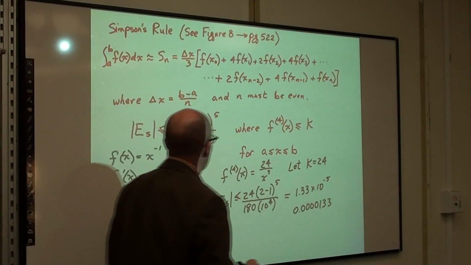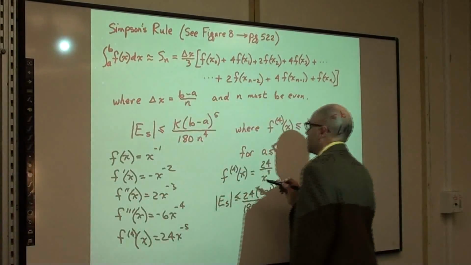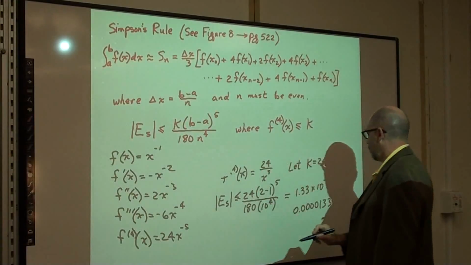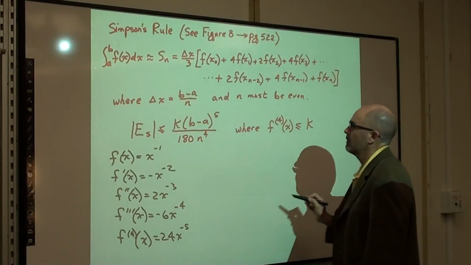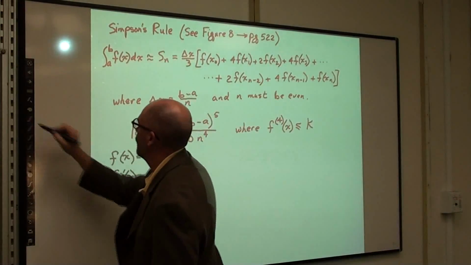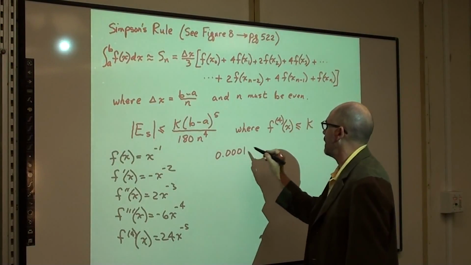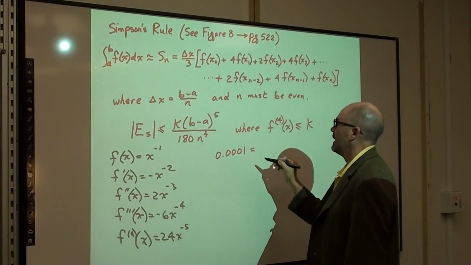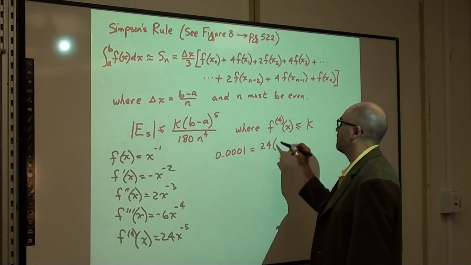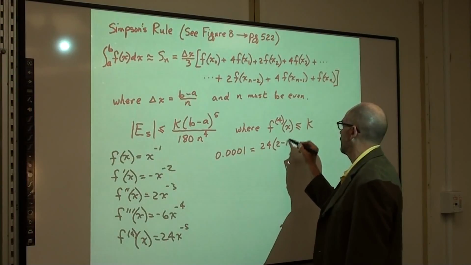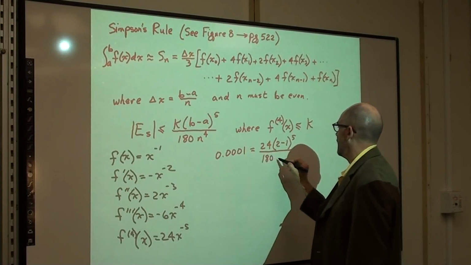Okay, so for Simpson, k is 24. So with k equal to 24, then what we're doing is we're saying 0.0001 accuracy is going to equal k times b minus a to the fifth over 180 n to the fourth.